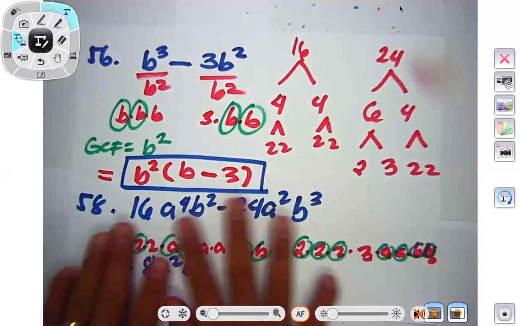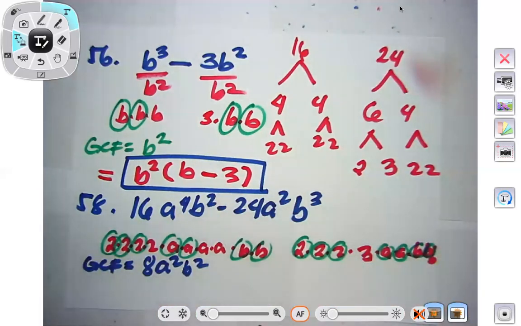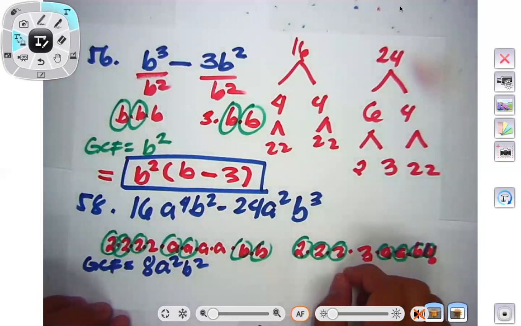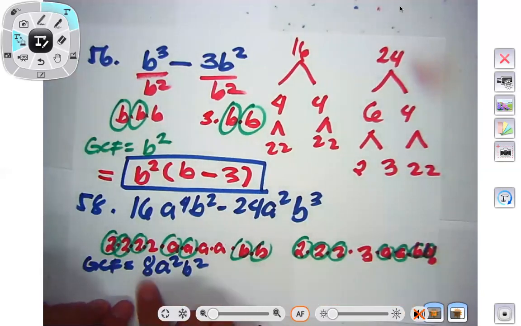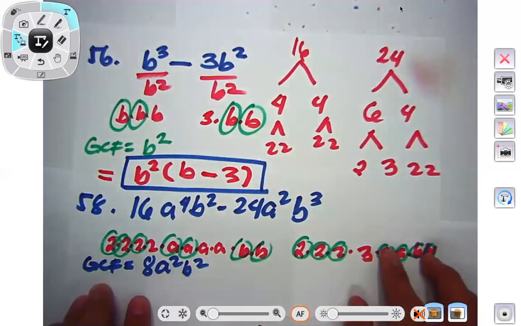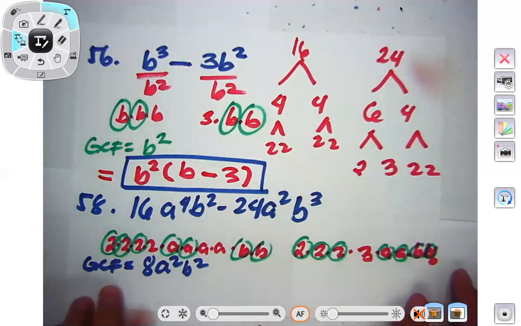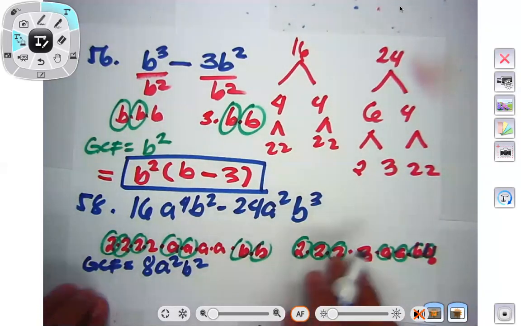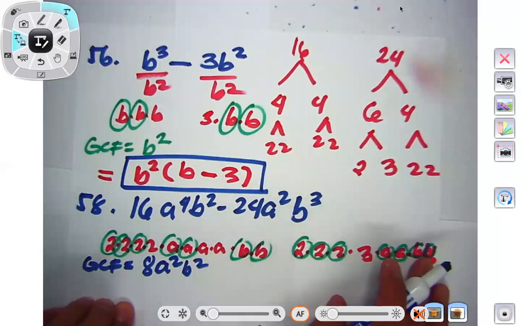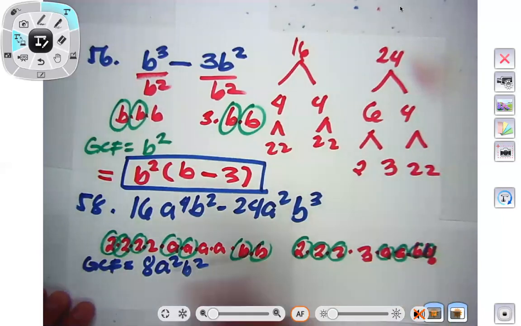It would be great if you can show it, but it's optional. So any question about how we got 8a squared b squared? I hope that's clear. Because now we write the factors.